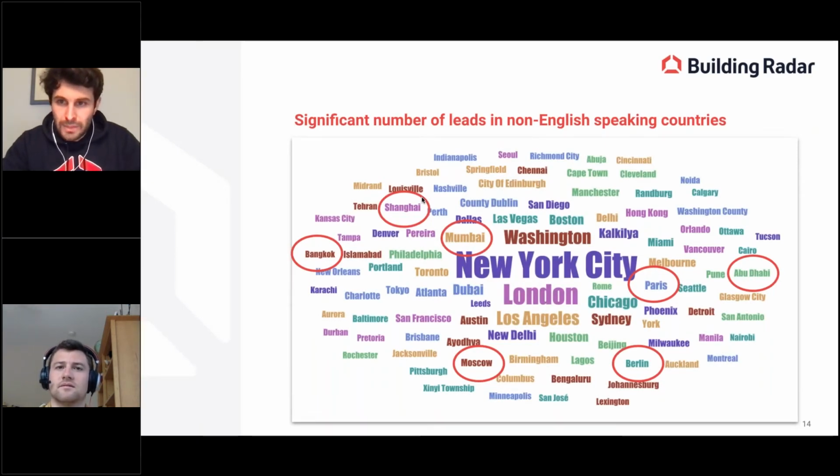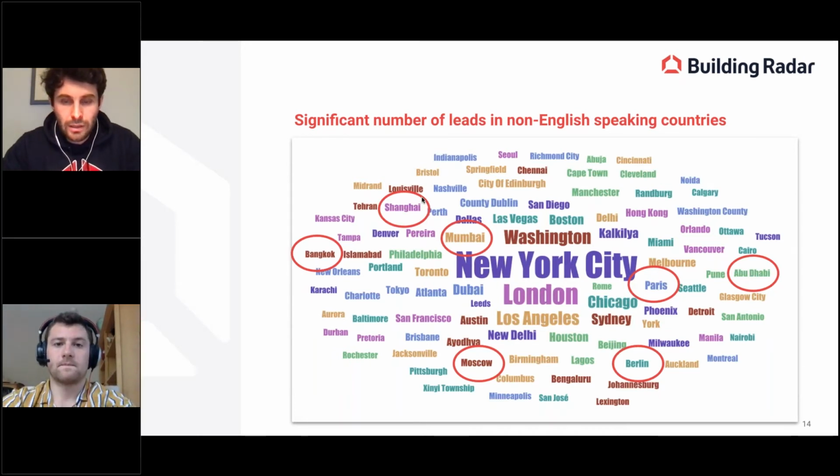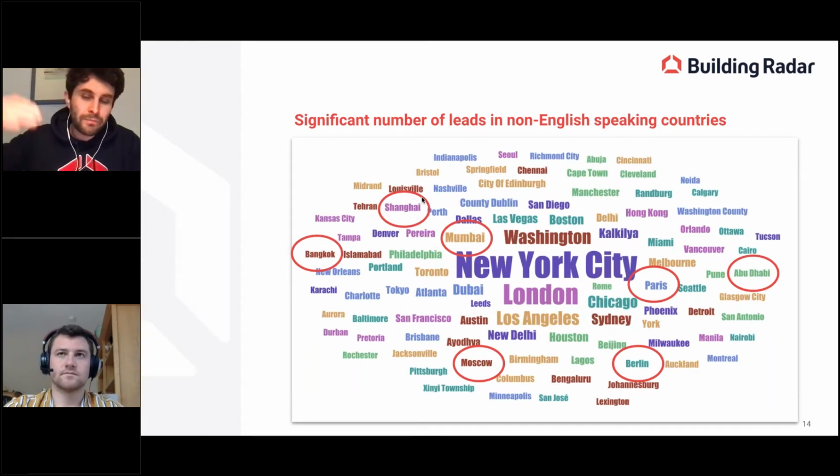And also from the same slide, pretty interesting. This is again only English-speaking leads. And you might think they do not draw back to non-English-speaking countries like Germany, France, etc. But they do, just due to the fact that English-speaking sources also report about projects in other countries.